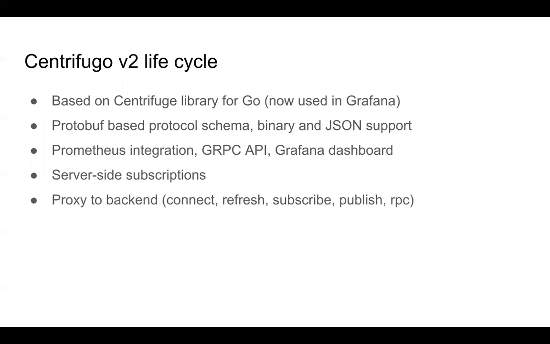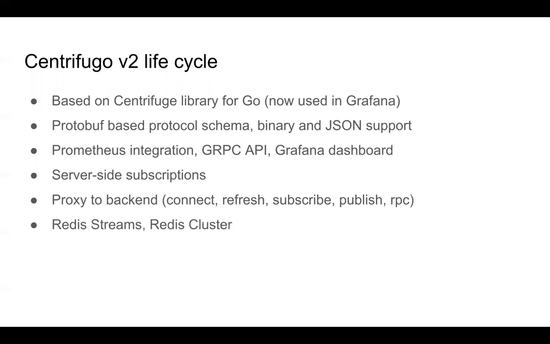Also, proxy to backend was added, which I was against for a long time. But my experience at Avito, working on Avito Messenger, helped me understand that actually this makes sense in many situations.